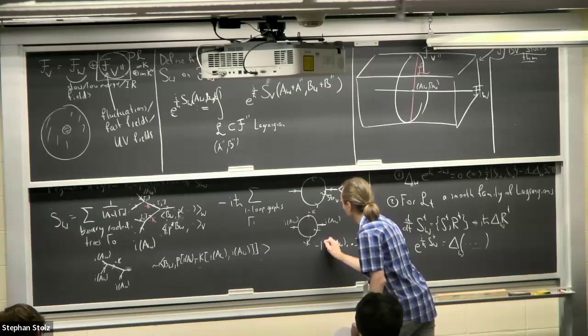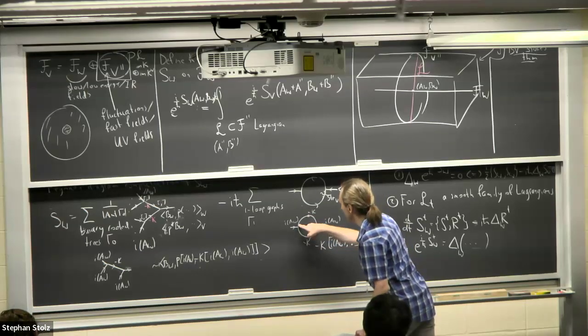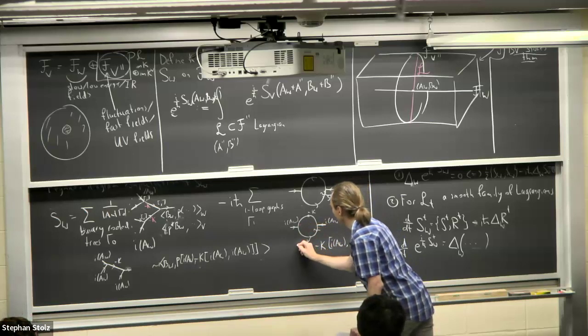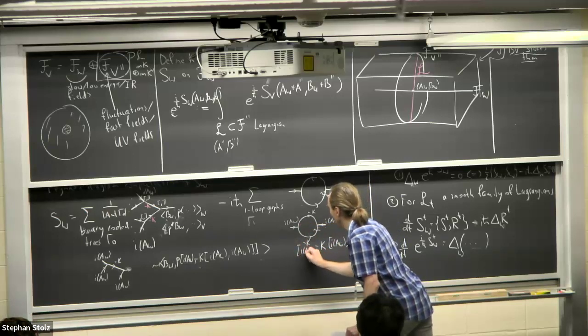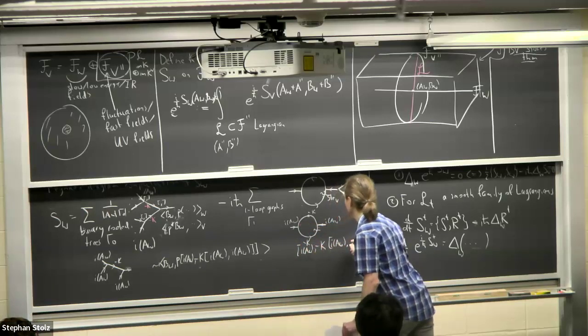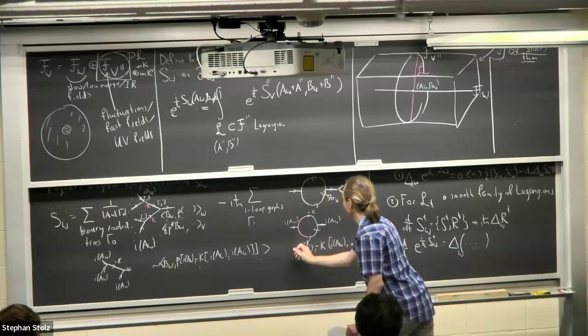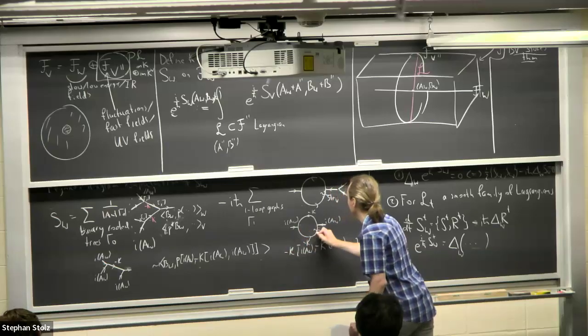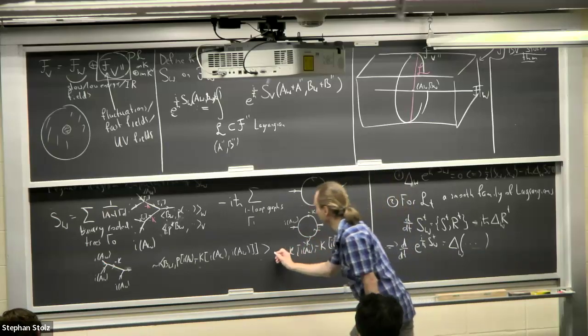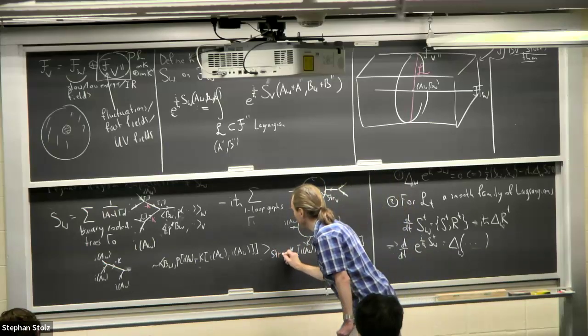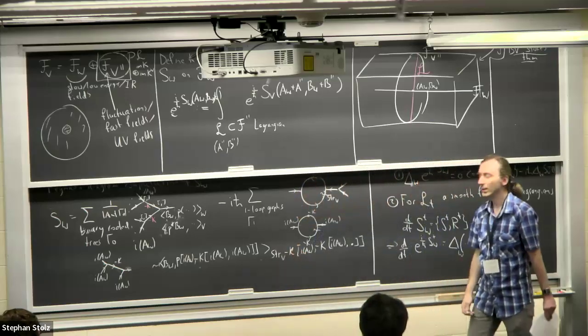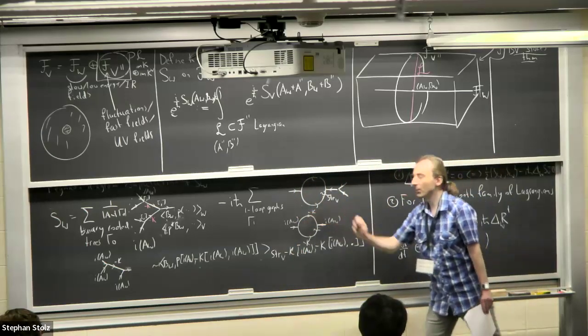Take negative K of that. Then I take the bracket again with I of AW, and apply negative K, and then I'm back at the starting point. Now I take the supertrace over V. That's the value of this graph.